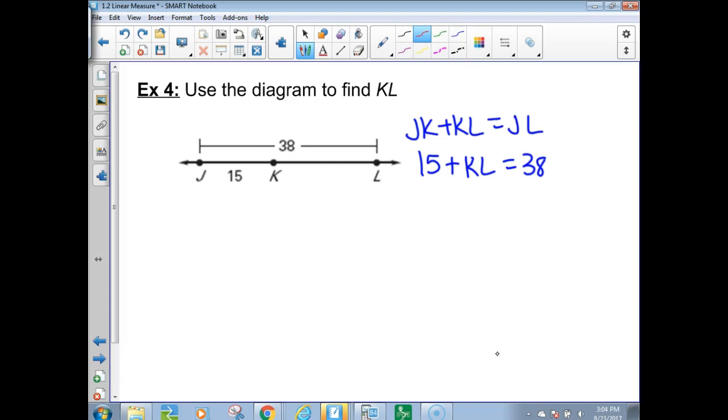You can subtract 15 from both sides, and we get KL is 23. And you guys, you do not have to write all of this stuff down to do this problem. I get it. I'm just trying to remind you of the segment addition postulate and that we're actually substituting in.